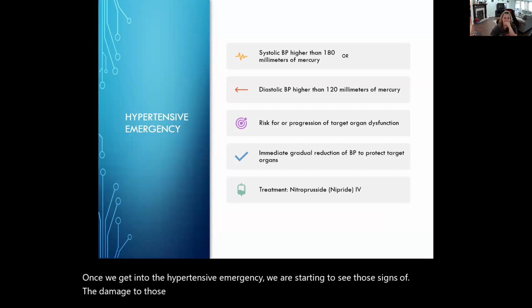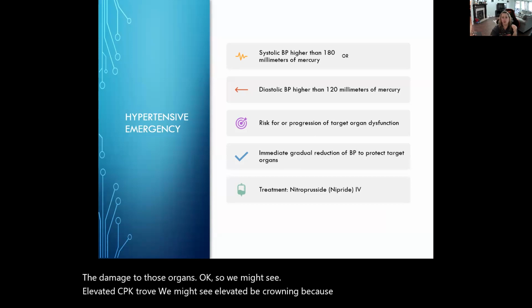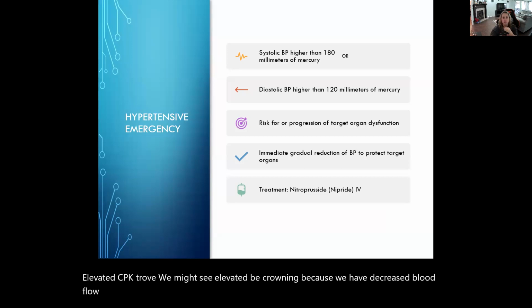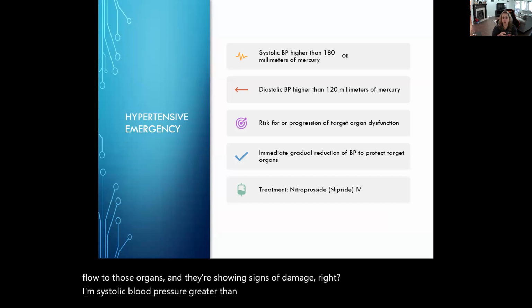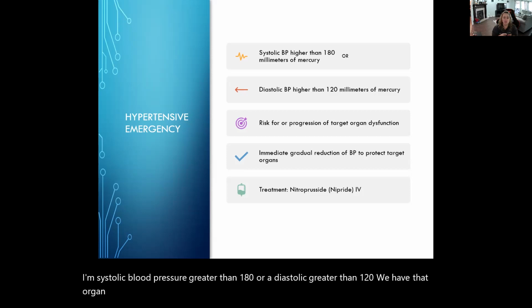Okay, so we might see elevated CPK and troponin. We might see elevated BUN and creatinine because we have decreased blood flow to those organs and they're showing signs of damage, right? Systolic blood pressure greater than 180 or a diastolic greater than 120, and we have that organ damage. And so the treatment is a gradual reduction of the blood pressure.